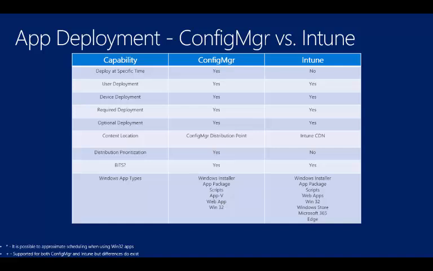And I should point out here too, as I say Win32 apps, immediately it might make you think of deploying executables, and that's valid, right? That is a Win32 app, but it's not limited to just executables. You can deploy PowerShell scripts through Win32 apps. In some cases, you might need to, right?